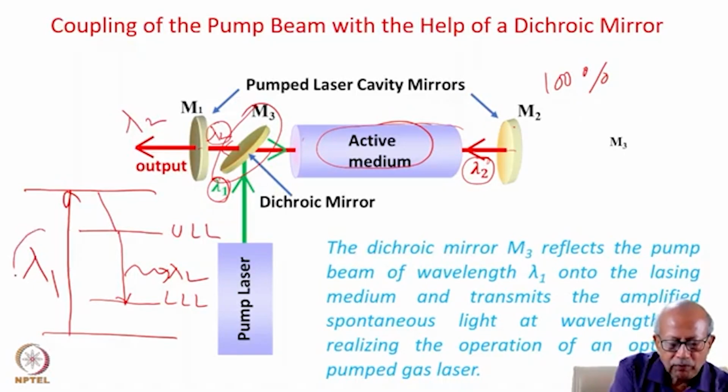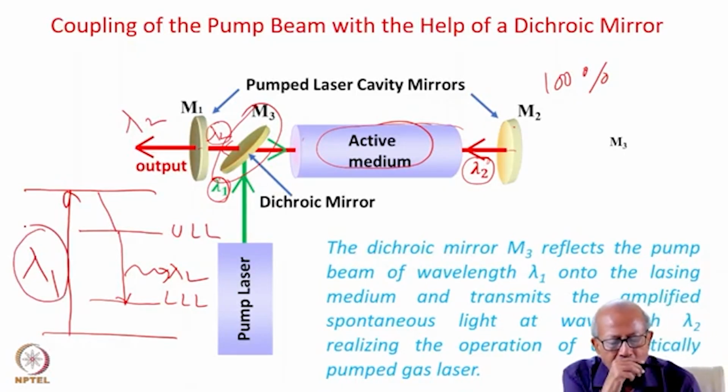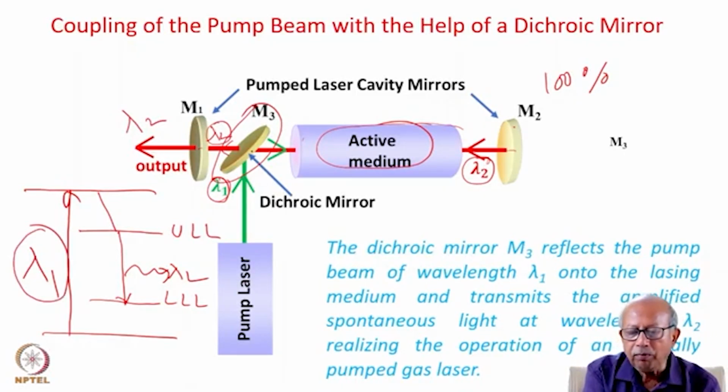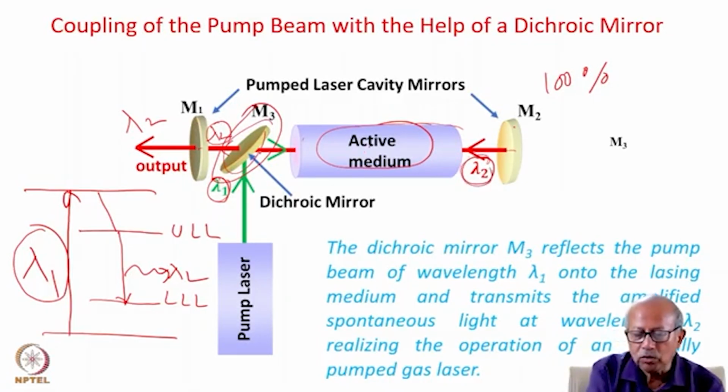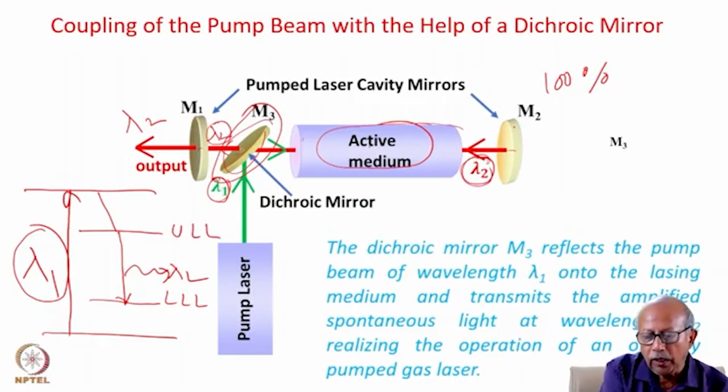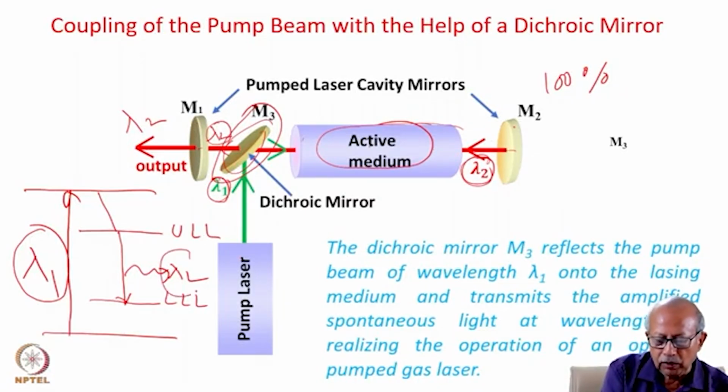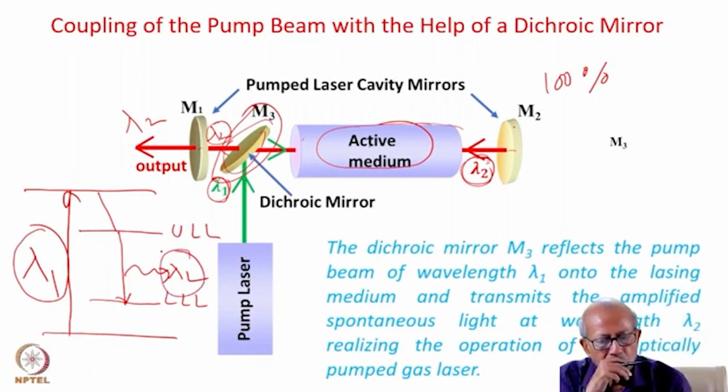You are pumping lambda 1, which can be easily coupled through this dichroic mirror into the active medium, and the lasing that occurs at lambda 2, for which this mirror is totally transparent, and therefore this laser will lase at lambda 2. It's absolutely fine. The dichroic mirror will work well.